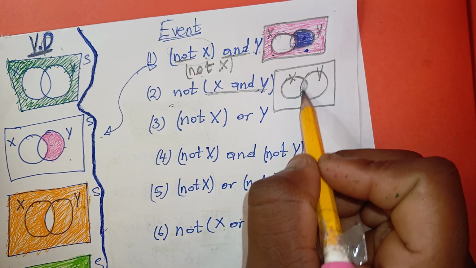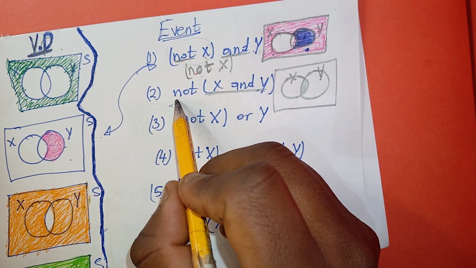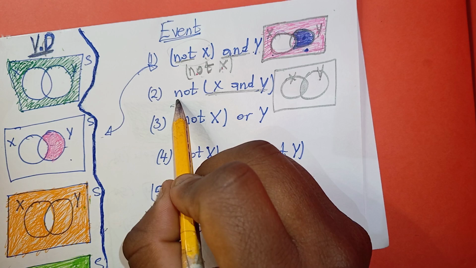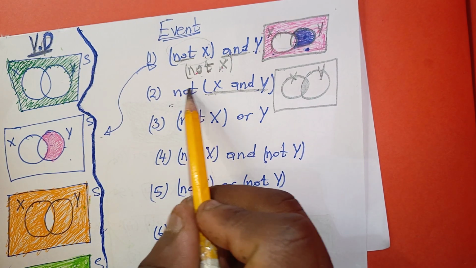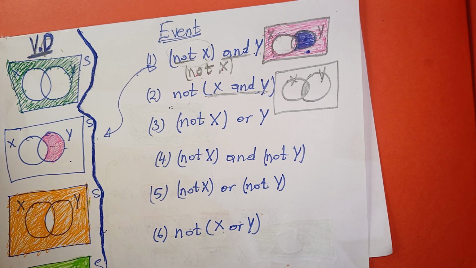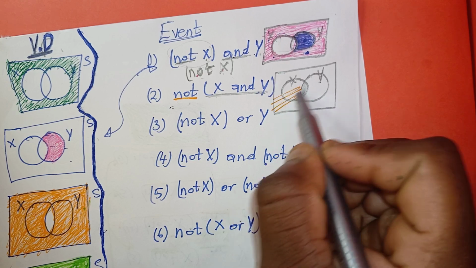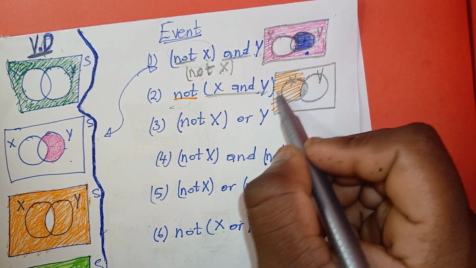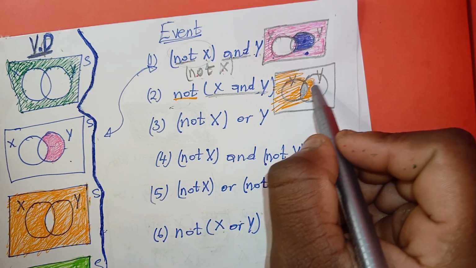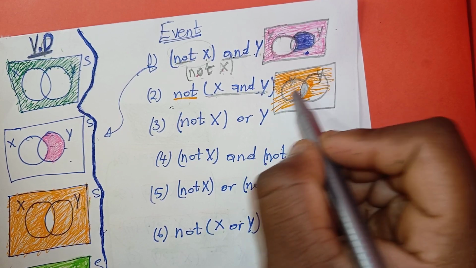But the moment they say not X and Y, that not tells you it's outside. When I say not, I'm talking about outside from the intersection. It should not include the intersection. We don't consider our intersection; we are talking about what is outside.